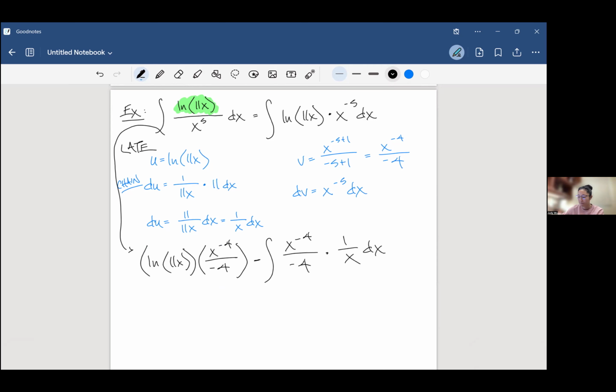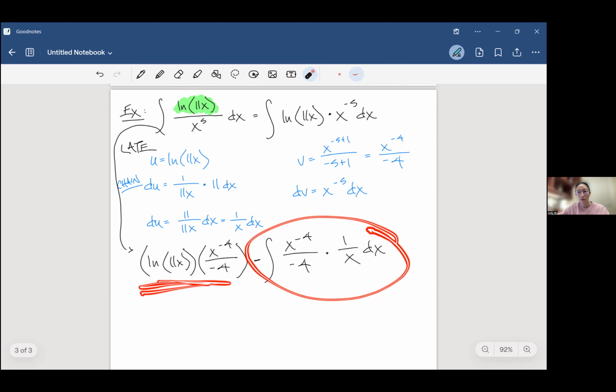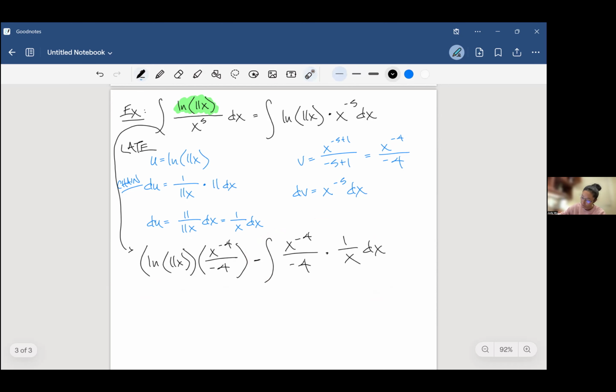Okay. This is the calculus, at least this part is. We still have to integrate the second term, but we're going to simplify it just like we did in the first problem. Okay.